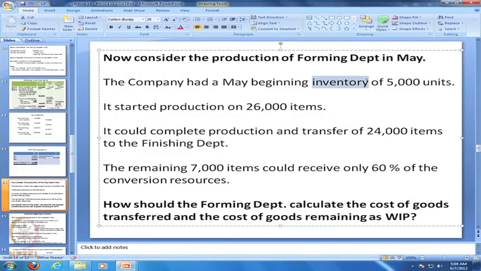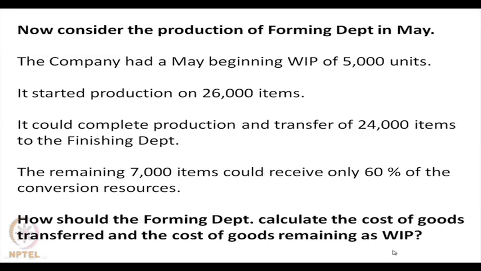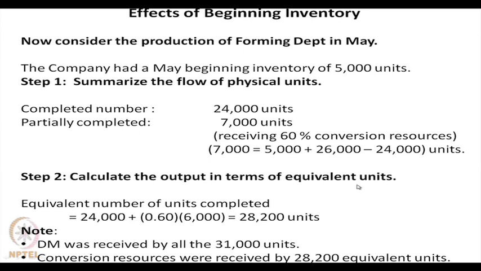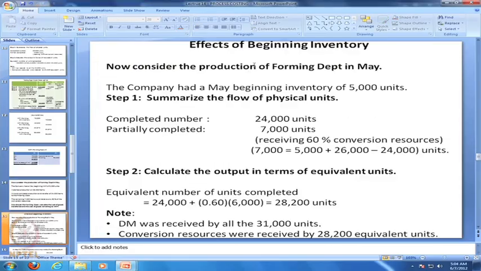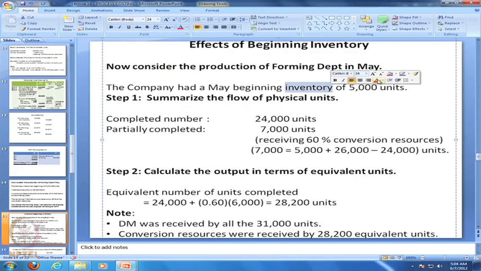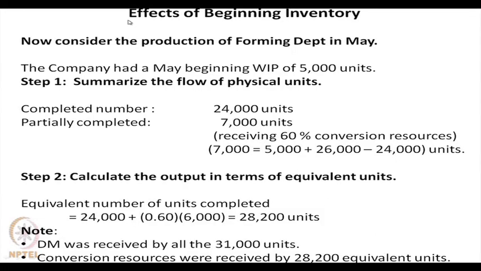This should be called work in process. So, this also should be work in process. Now, here we have to consider the effect of the beginning inventory in May. The company had a May beginning work in process of 5,000 units.